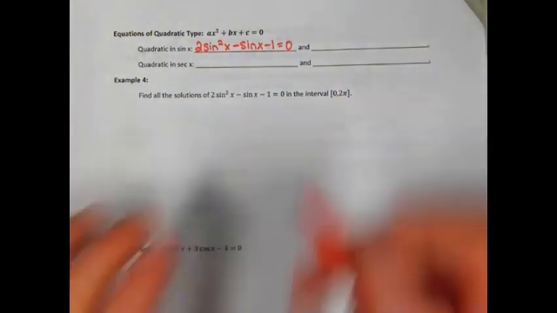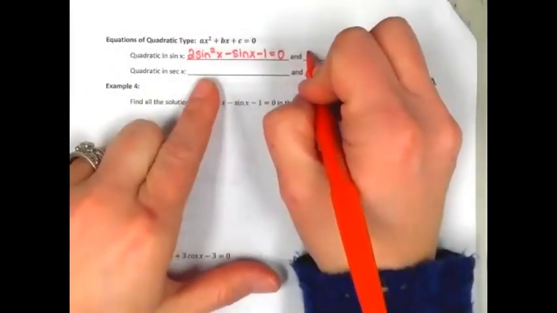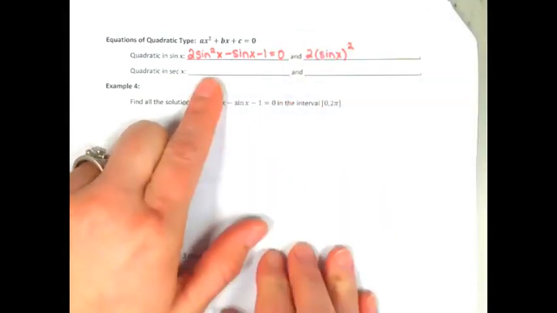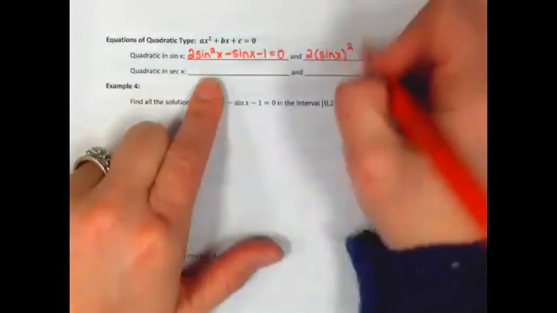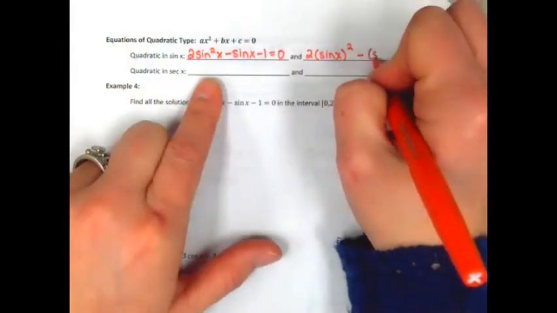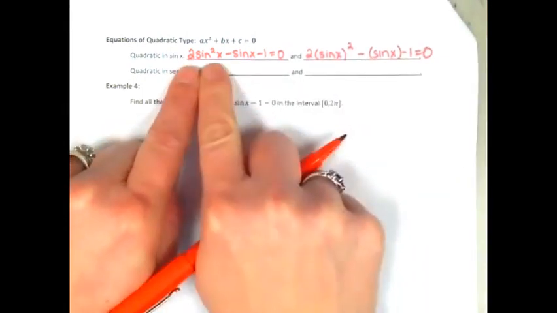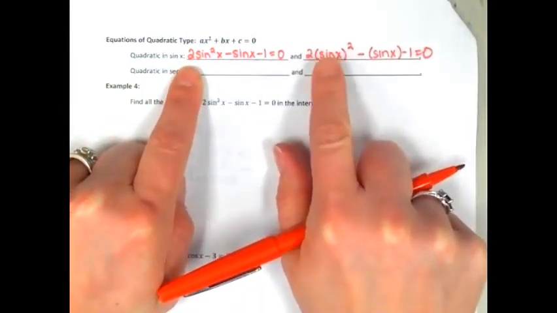You could also see it as if they put the sine in parentheses and square it. That means the exact same thing, doesn't it? So sometimes you might see sine squared or the quantity of sine squared. Those are going to be the exact same thing, right? Same thing with secant.